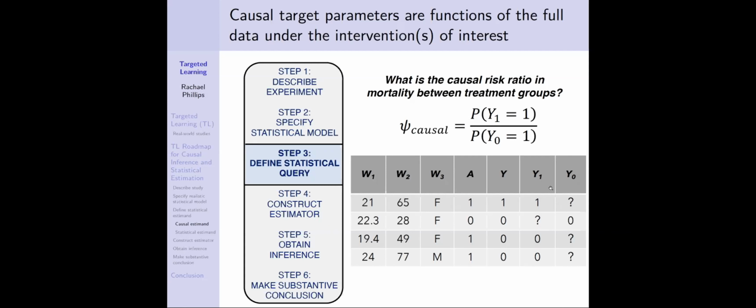I've added 2 columns for the counterfactual outcomes. Causal inference can sometimes be described as a missing data problem, and this is because we don't observe both counterfactual outcomes for each subject. We only observe one of them. So this full data structure is something that we don't have in our observed data, but it's something that we'd like to approximate in order to understand the answer to this question.